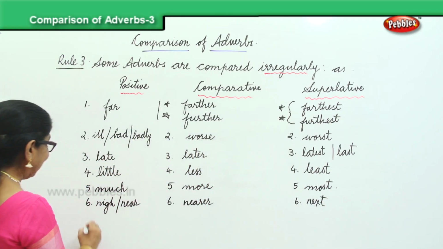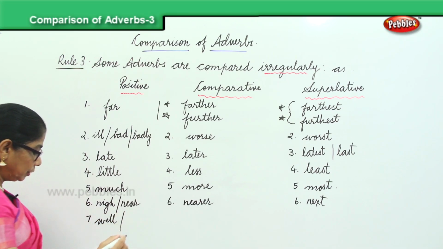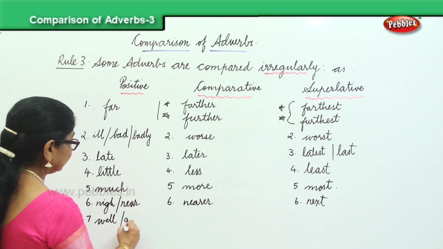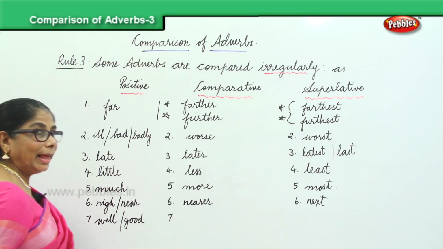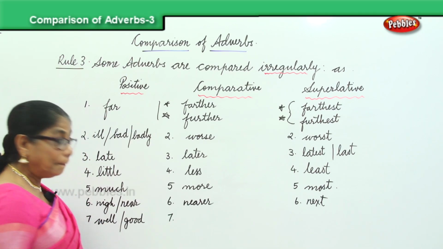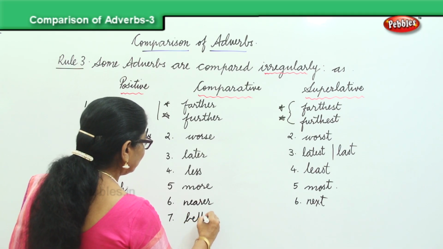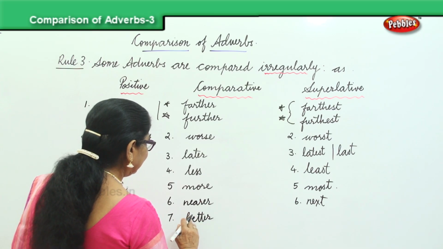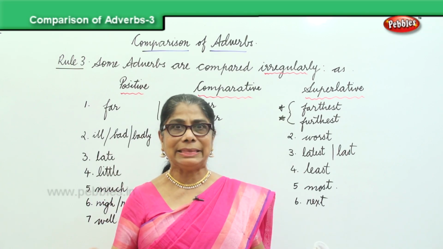Next you have well, or you say good. For both these words, you will say, I'm getting well, better. I'm getting better today, or I'm feeling better today. Well, better, best.